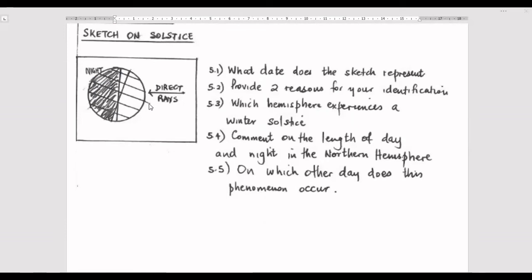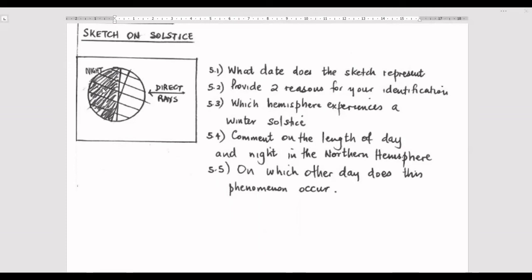And yes, you are correct. It's striking in the northern hemisphere. So people in the northern hemisphere are experiencing summer, and we that live in the southern hemisphere are experiencing winter.